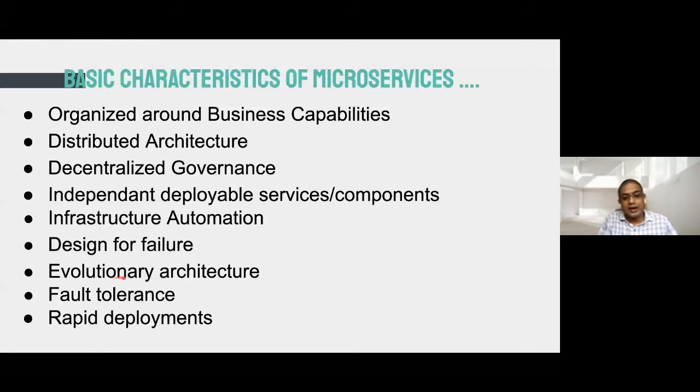And evolutionary architecture means that this microservices architecture is constantly evolving, so there are constant changes to these deployable components, and you have to support that as well. Fault tolerance and rapid deployment are also other features.